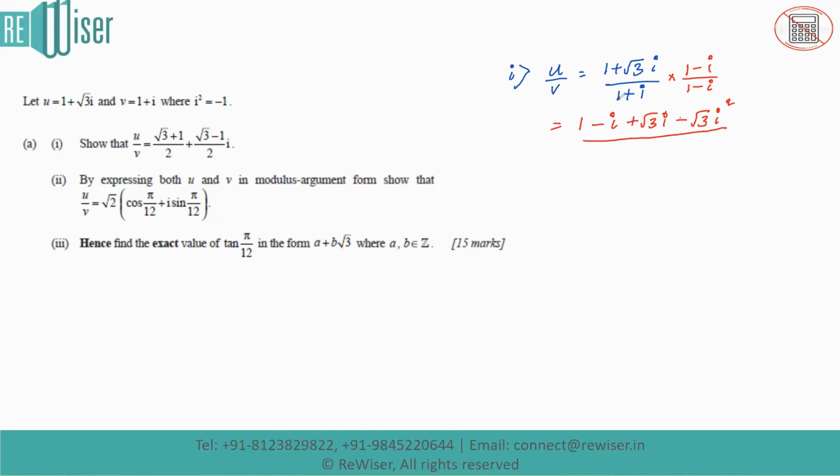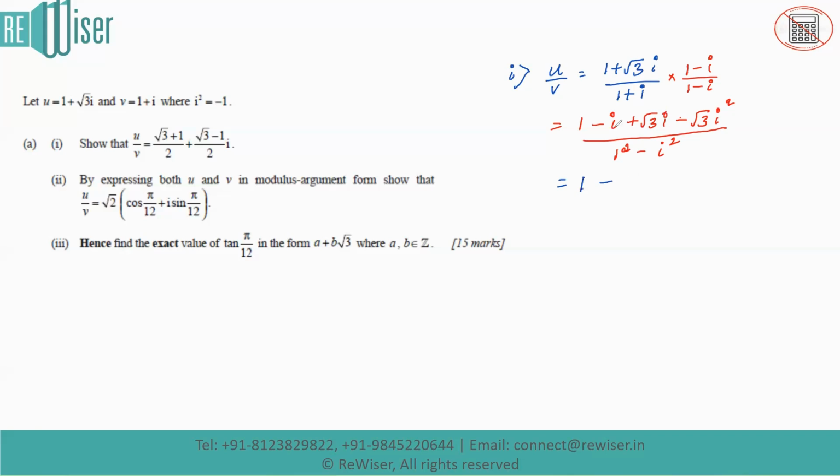And in the denominator, 1 plus i times 1 minus i, using the identity of a plus b times a minus b, that's going to be a square minus b square. So this is going to be 1 square minus i square. And we know this value of i square is going to be -1.